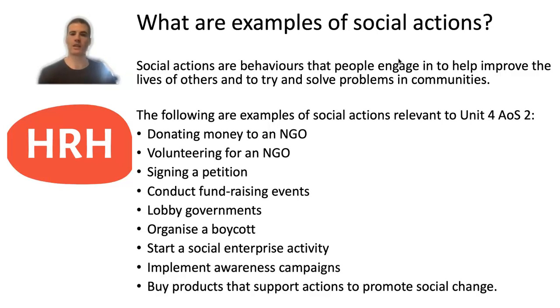For example, you might take a year off after high school and choose to go overseas and volunteer and work for an NGO, such as improving access to things like education, so literacy and numeracy skills, for people in low-income countries. You might sign an online petition, which might be trying to petition a government in a low-income country to change a policy that might help people in low-income countries to have better access to things like clean water and sanitation.